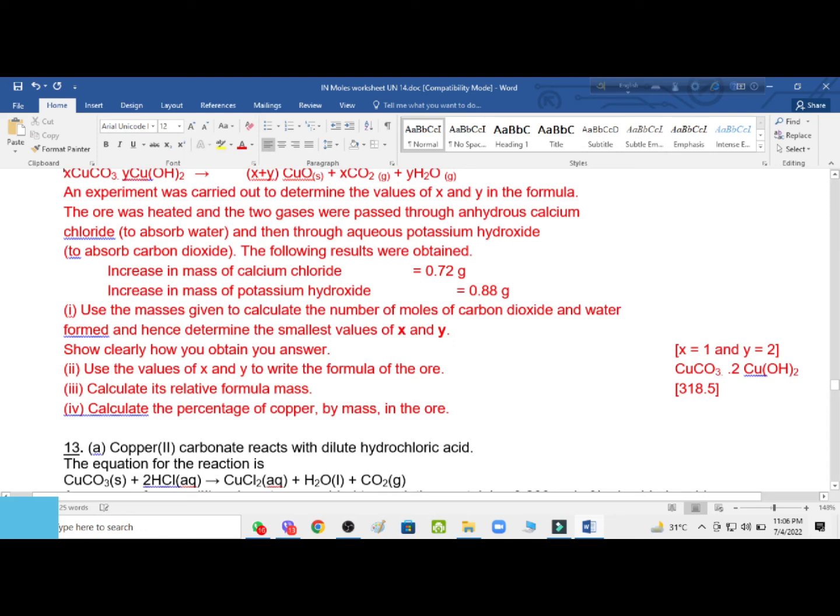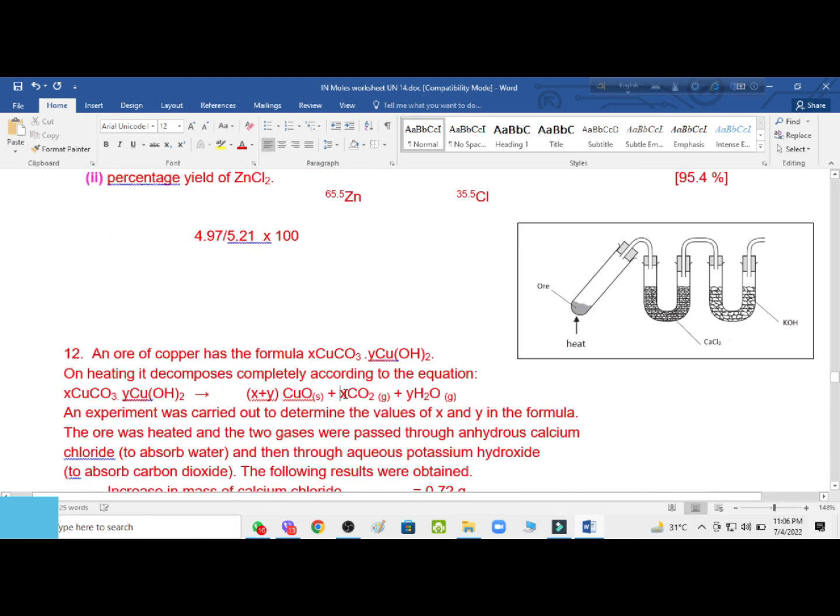And this was here in the test tube in the experiment, heated. When heated, two gases are produced. One is carbon dioxide, another is steam. These two gases leave the test tube. It says that the first U tube, filled with calcium chloride, will absorb one of the gases.